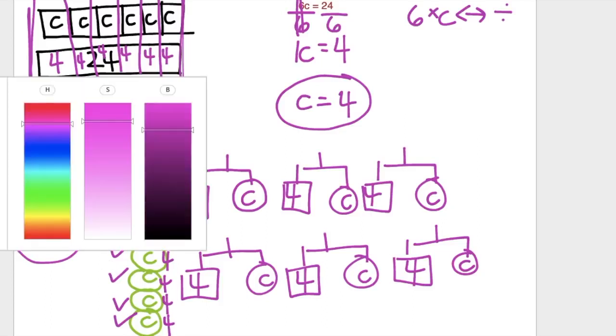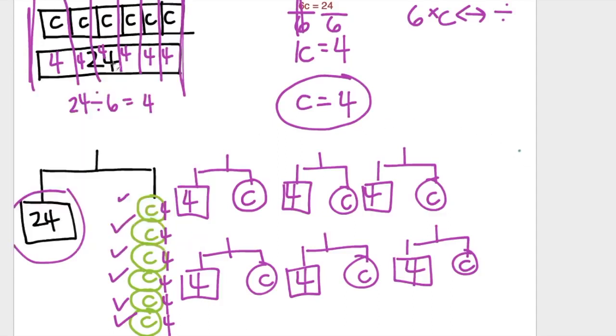Another way that people solve it with the hanger method, because again, like I said, it's a little less obvious compared to the tape diagram where you can just divide, is that people will see there's 6 c's, so they physically divide 2, 3, 4, and 5. They give each piece to each of these c's.